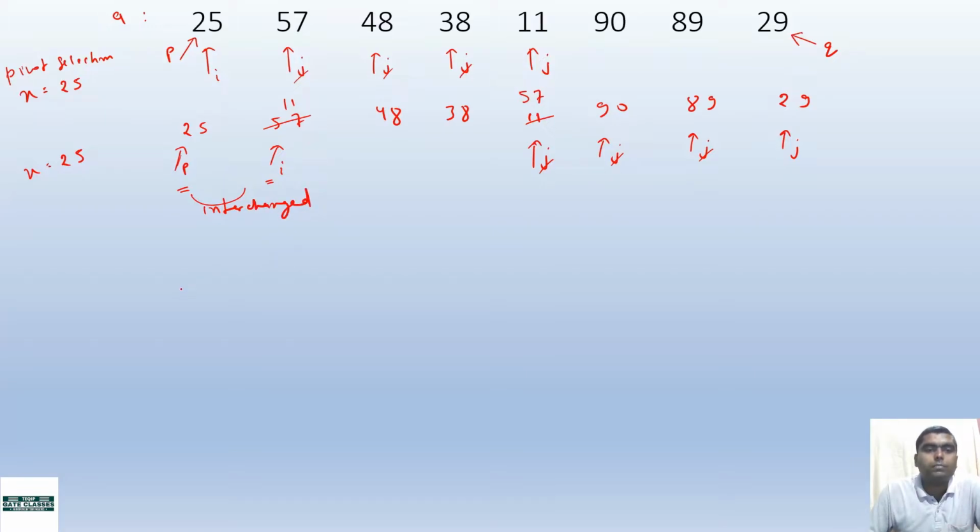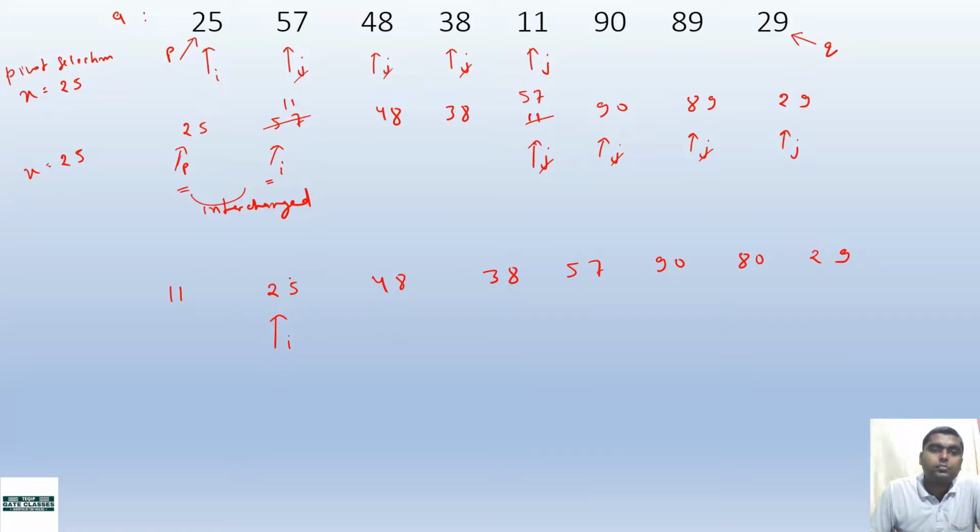Okay, so what will be the resulting array? 11 and 25, and 48 and 38, then 57, then 90, then 89, and then 29. So see the beauty of this algorithm. Now this is your i.